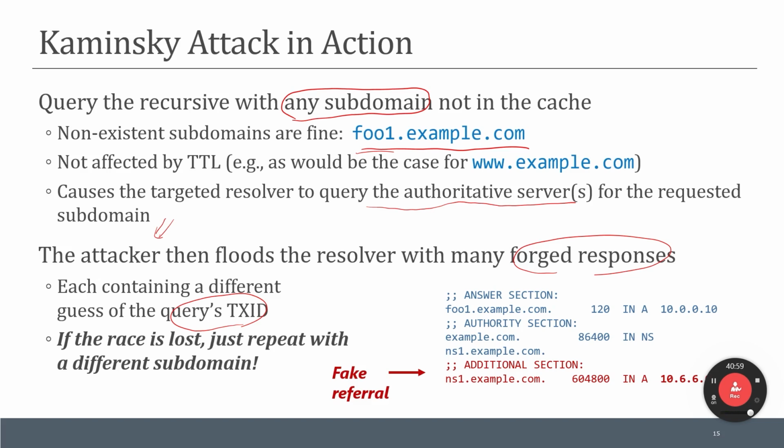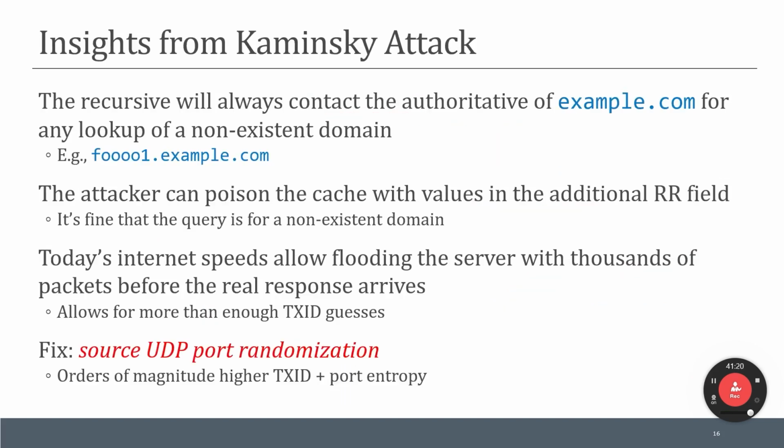It's very easy to query a fake domain, right? Say foo2, foo3, foo4. Then every single time you see the query transaction ID, and then you can forge the DNS packet response.